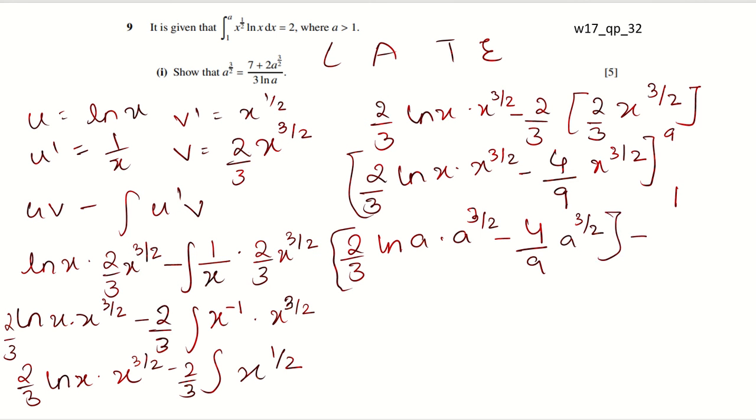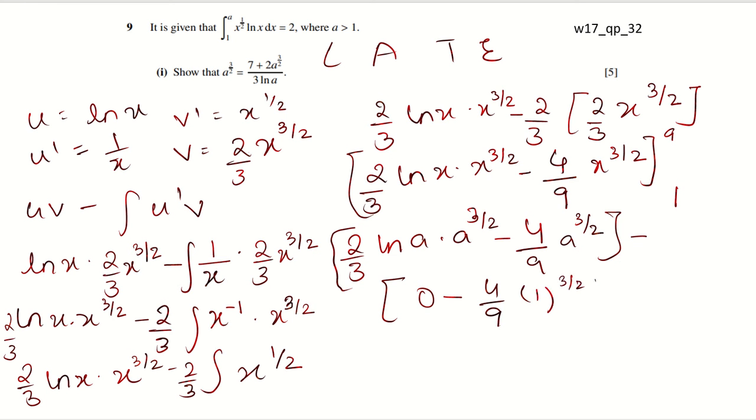Minus, okay, if x equals 1, ln 1 will be 0, so that will be 0 basically. Minus 4/9 multiplied by x. If x is 1, this is also 1. So 4/9 multiplied by 1.